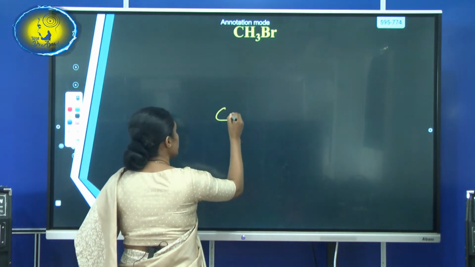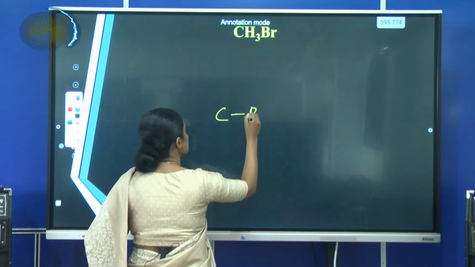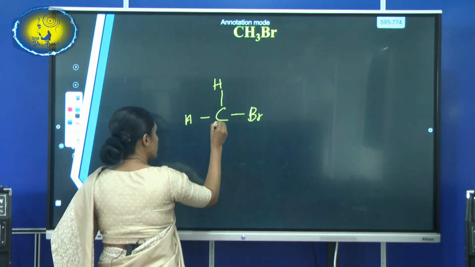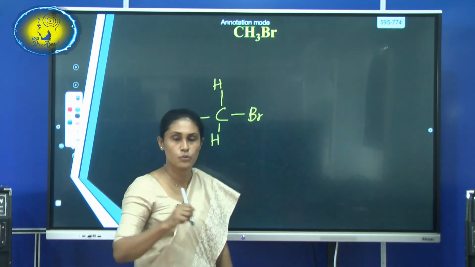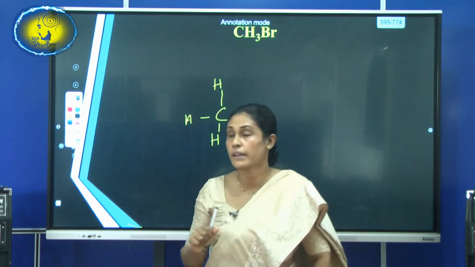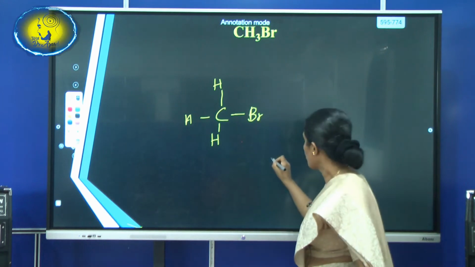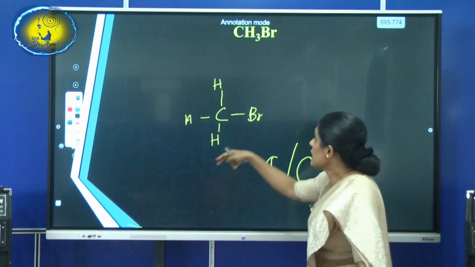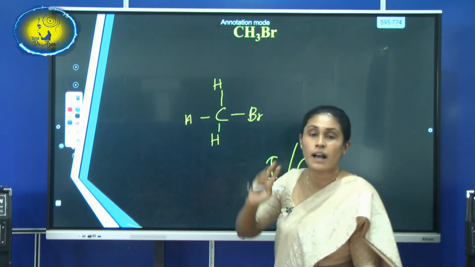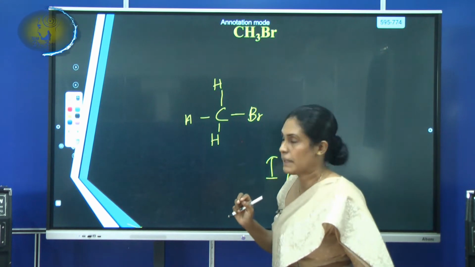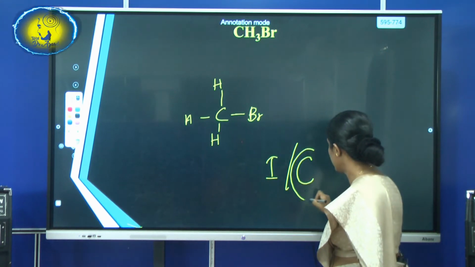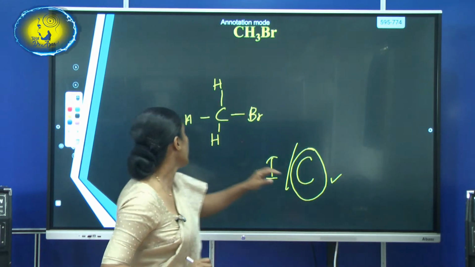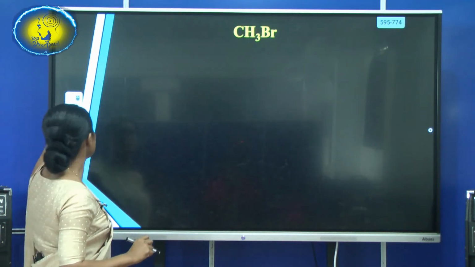I will draw the displayed formula to show this. But without drawing the displayed formula, you know how to identify whether this is ionic or covalent. You see, all the atoms mentioned here are non-metals. Therefore, this is an example for covalent bond. Right? Okay. Then we'll move on to the next one.